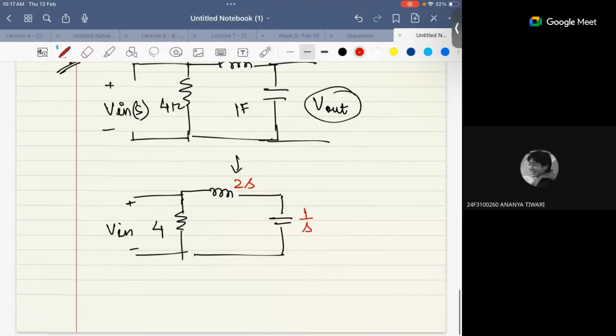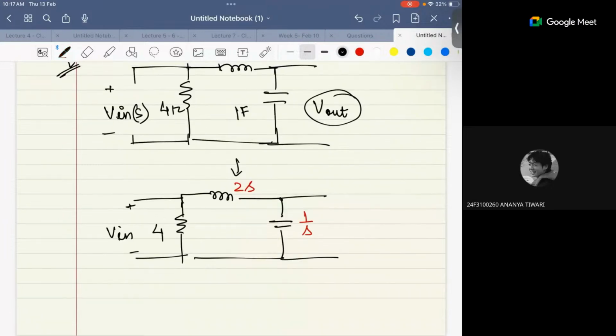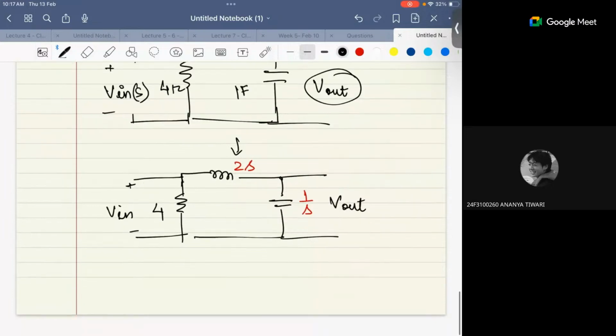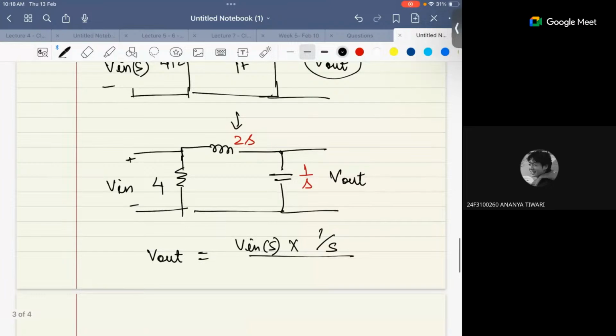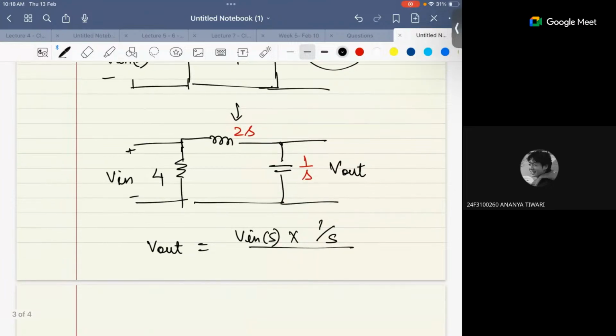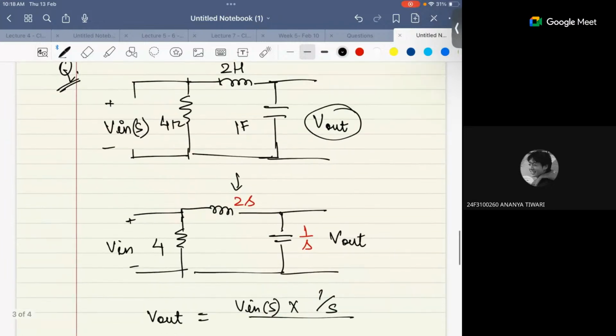We have to calculate V out. Now it is very simple. V out will be V in times 1 upon s upon the total impedance. So this was pretty simple. This is clear, right? Anyone has any doubt in this?